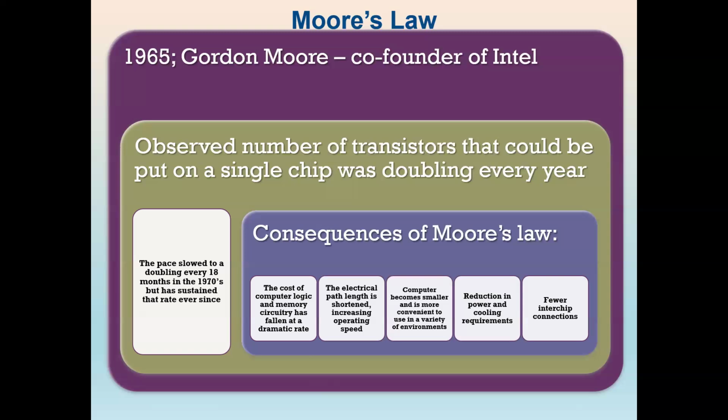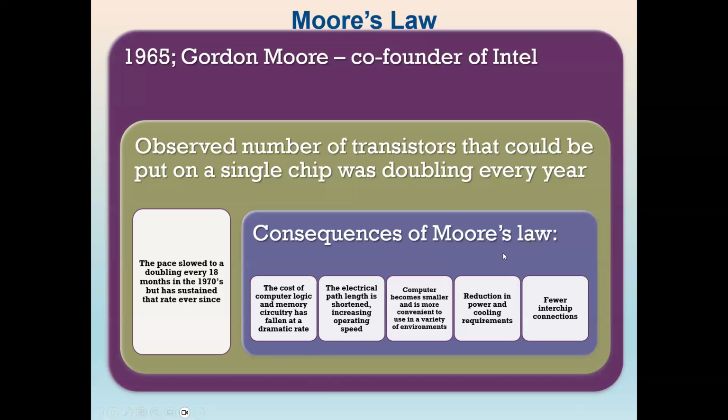Again, the computer becomes smaller, making it more convenient to place in different environments. Also, there's a reduction in power and cooling requirements. Also, the interconnections on the IC are much more reliable than solder connections in the earlier 60s. So with more circuitry on each chip, there are fewer interchip connections also.